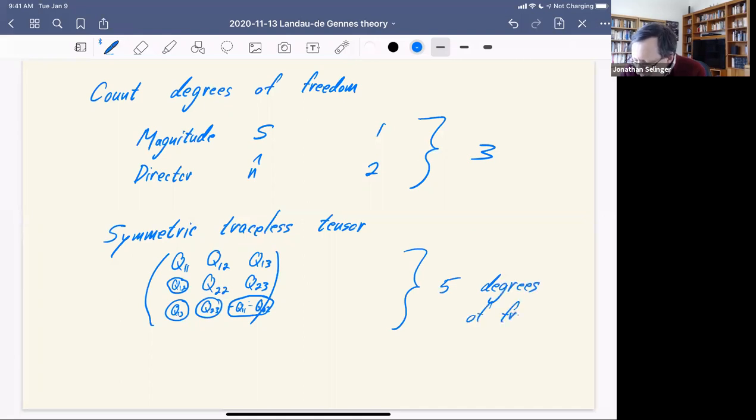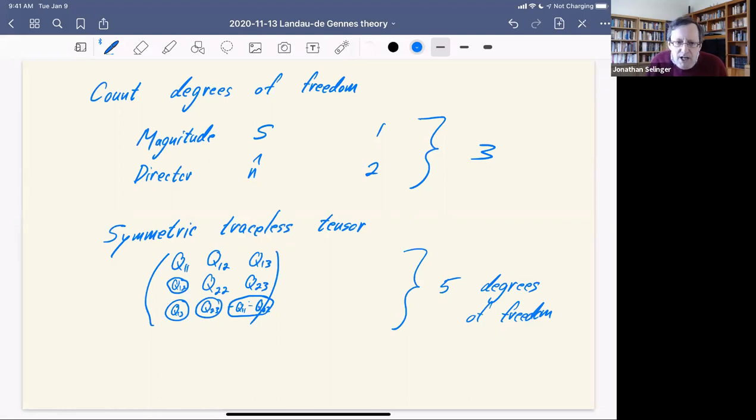So if you compare these 2 counts, something looks wrong. These 2 counts don't agree with each other. The reason for the discrepancy is that this Q tensor formalism is actually more powerful than what we need for describing a uniaxial nematic phase.